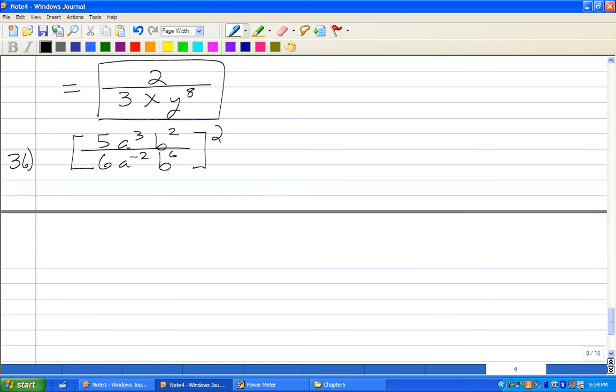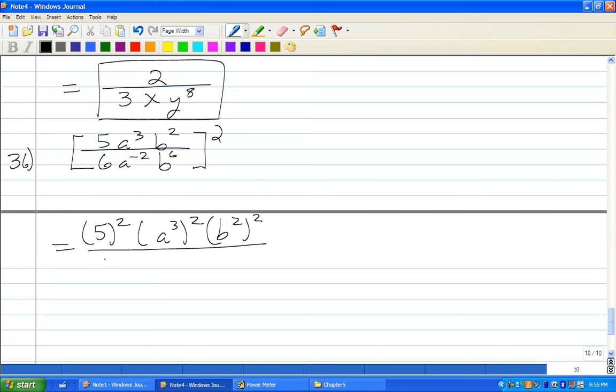So let's square everything. So this is 5 squared, a cubed squared, b squared squared, 6 squared, a to the negative 2 squared, b to the 6 squared.